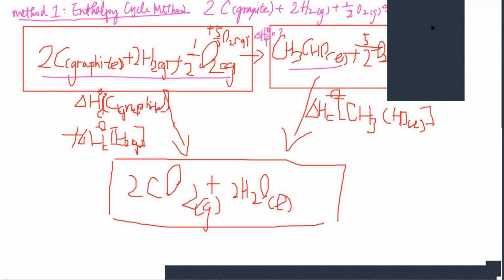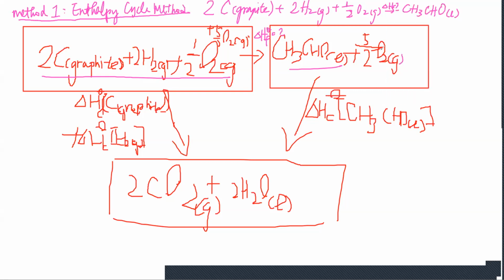I use this one as example: combustion of the final product, which requires oxygen to form 2 CO2 and 2 H2O.